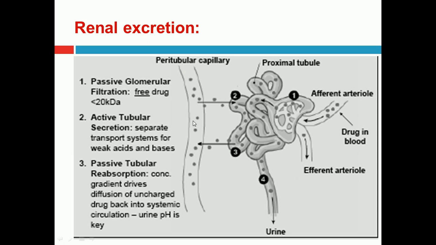This is the peritubular capillary and this is the urine. Here are the arterioles. Anything that is filtered from the glomerulus will come in this nephron, and anything that is coming from the nephron into the blood is called reabsorption.